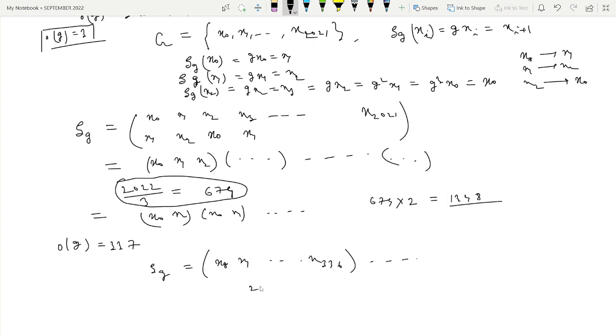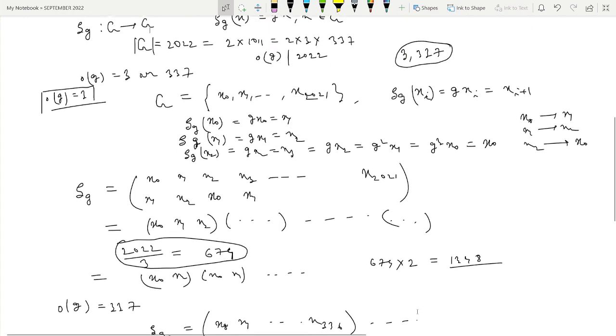So there will be a total of 2022 by 337, so 6 cycles each of length 337, and for this cycle of length 337 we have 336 transpositions. So 336 into 6 gives 2016 transpositions, that is an even number. So Sg will be an even permutation. So in each of these cases, if the order of G is odd, Sg is an even permutation. Okay, so option 1 is the correct option.